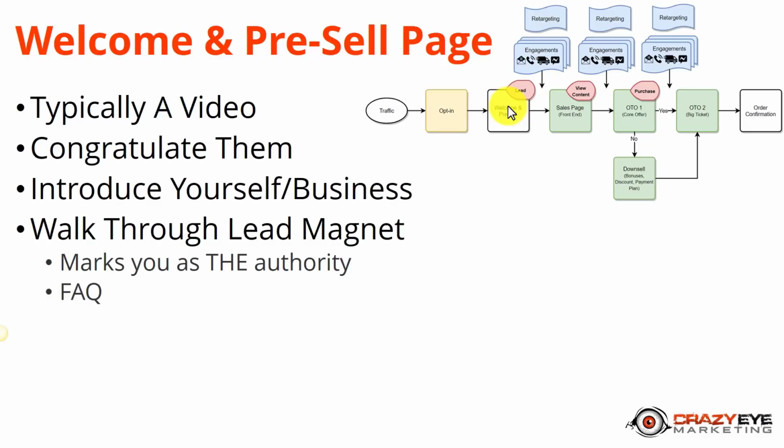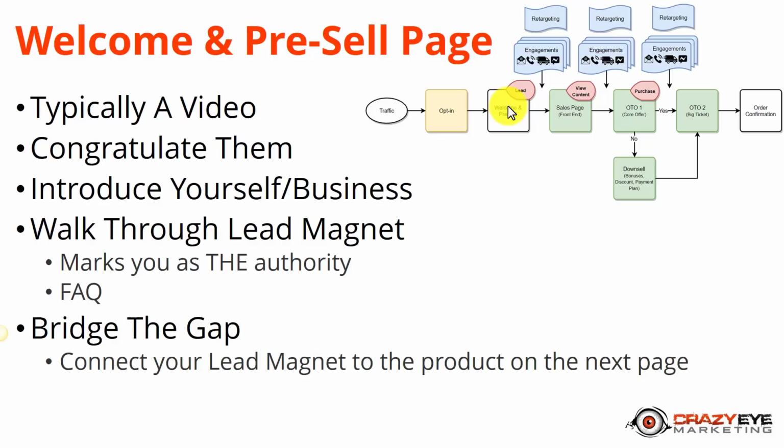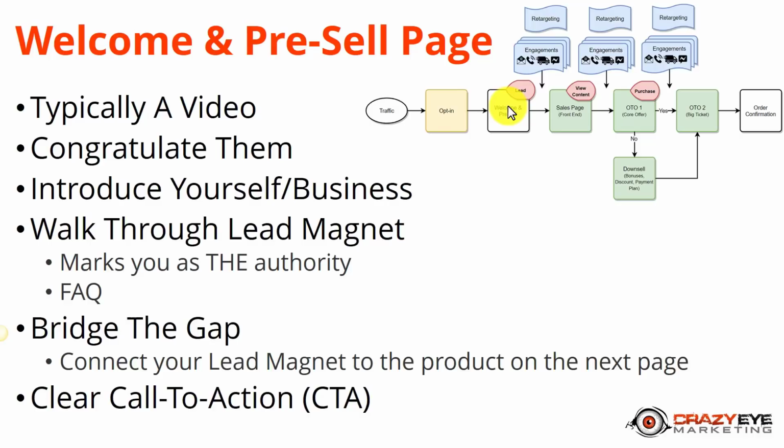And then you might want to answer a few frequently asked questions about the lead magnet, like what to do next with it. And then you want to go ahead and bridge the gap between the lead magnet that they just requested and your product or service that's on the next page, so the product or service that you're selling on your sales page. And finally, you want to give them a clear call to action or CTA, and that means you want to tell them what to do next, which is typically something like click the button below. So that way they know exactly what they're supposed to do next.